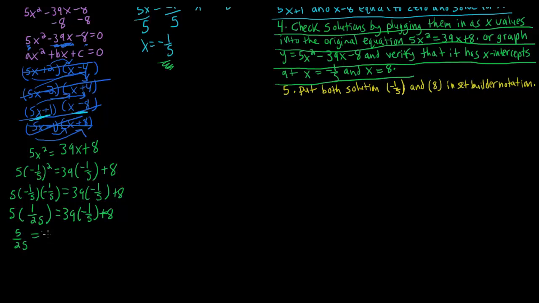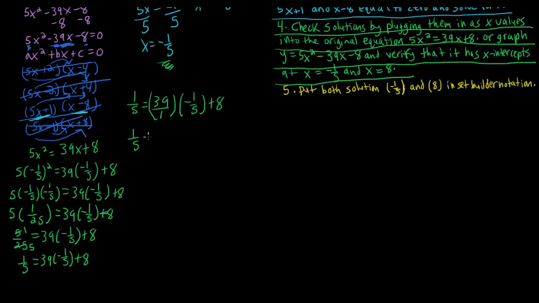And 5 over 25, 5 goes into itself once, 25 goes into itself 5 times. So we have 1/5 equals 39 times negative 1/5 plus 8.